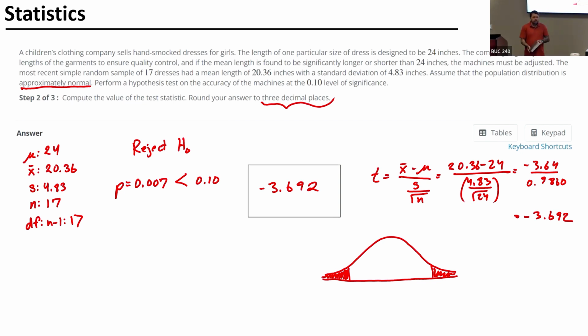But if you look at the very back of your book, you're going to have all these levels of significance right up here at the top. And then we go down to 16, right? I go to 16 and I'm looking at a two tail test. So I have to come over here to my 0.10 and realize that I have 1.746.